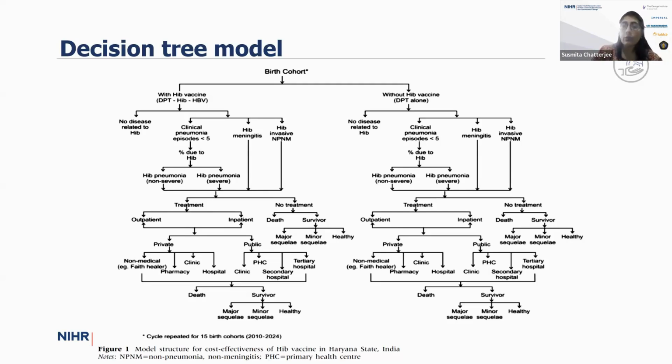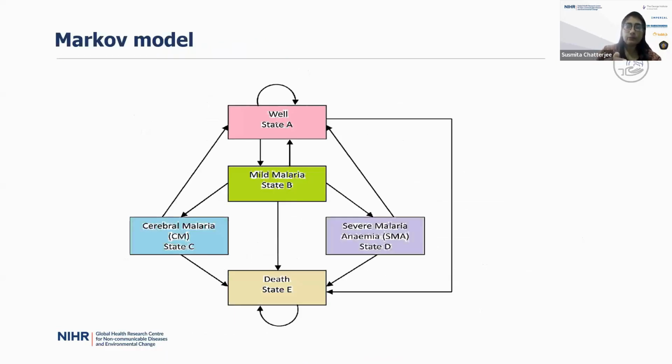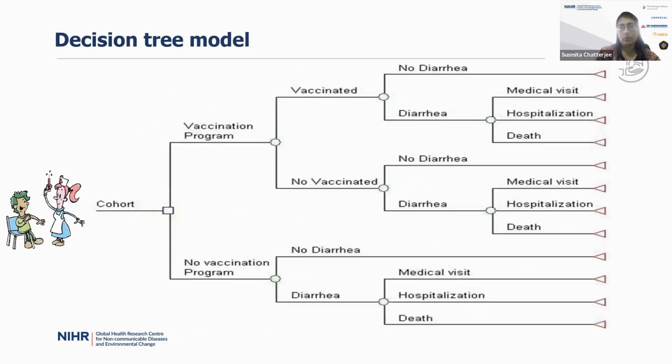You know your disease better than I do. So think about your disease, whether there is a possibility. If it is a non-communicable disease, there will definitely be different states of the disease condition. If that is the case, consider Markov. Otherwise, go for the decision tree.